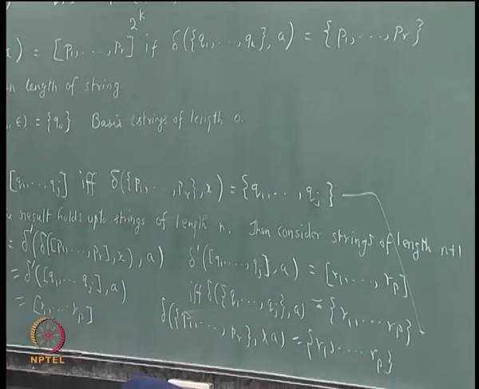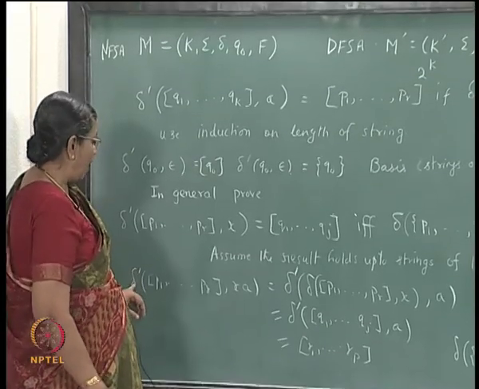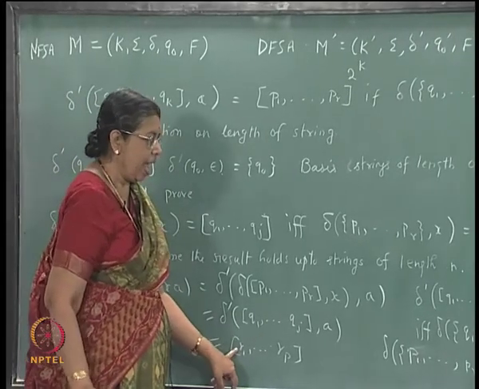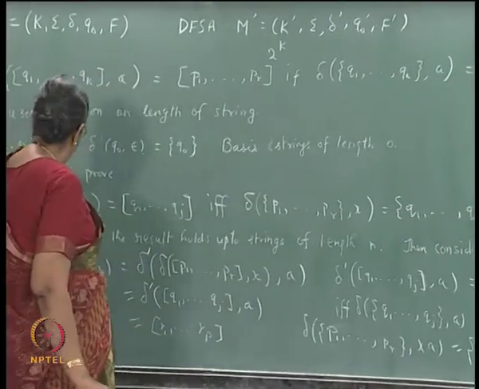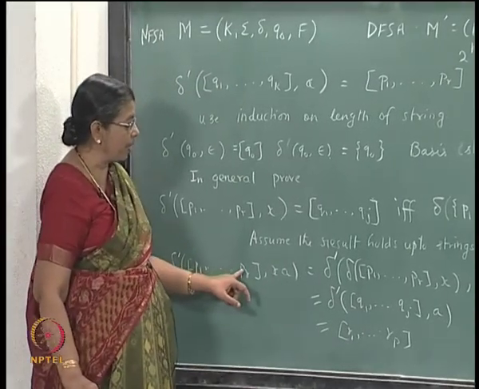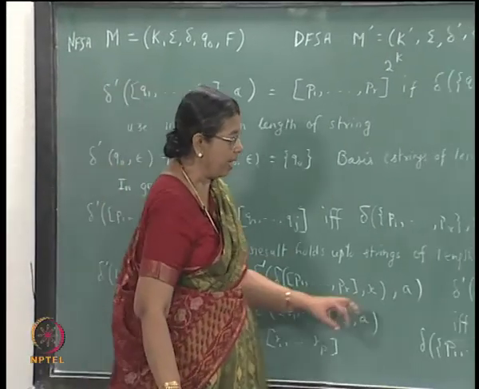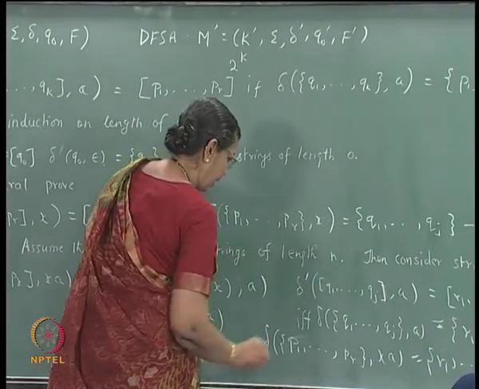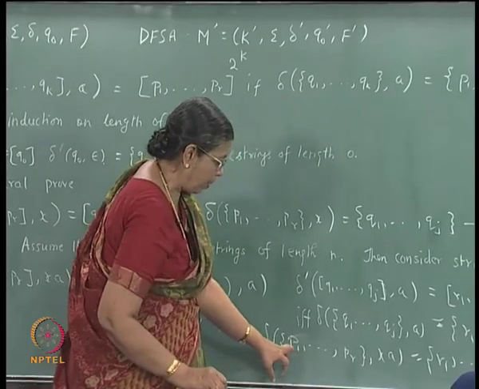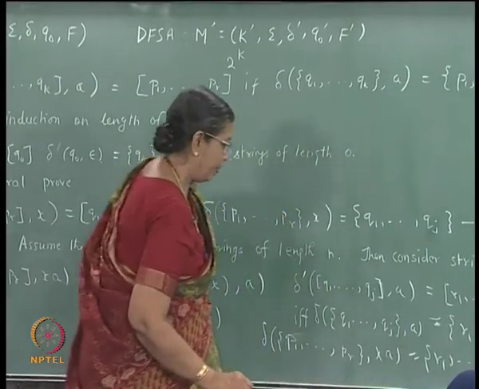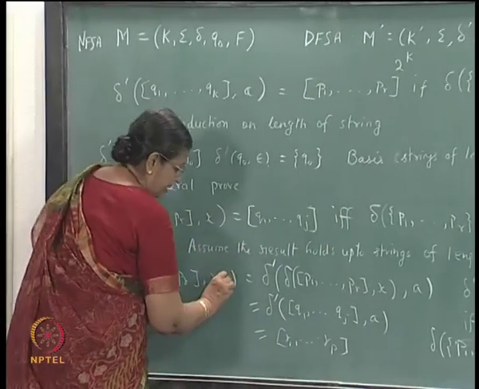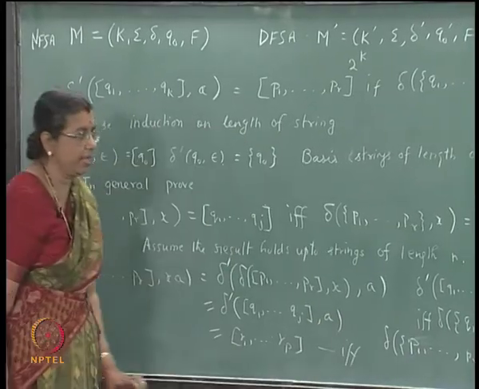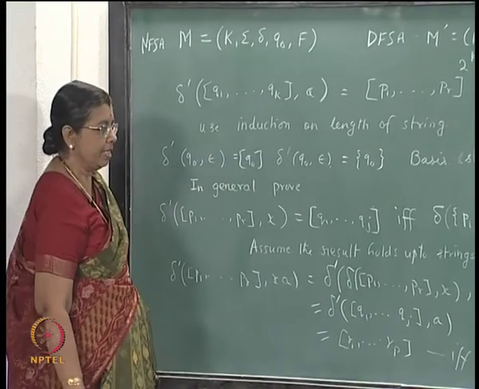So, delta dash of P1 P2 PR XA is equal to this, and delta of P1 P2 PR XA is equal to this. So, this is equal to this if and only if this happens, and this proves the induction step.